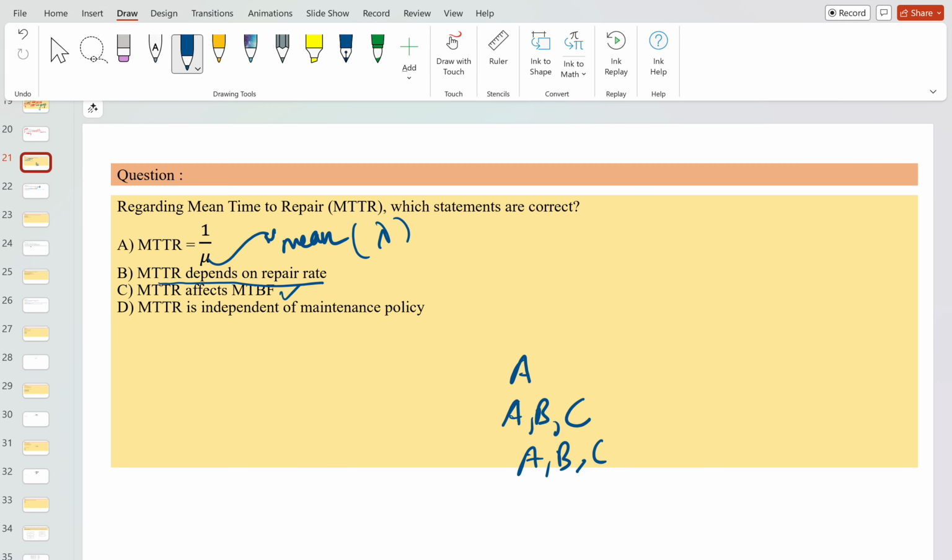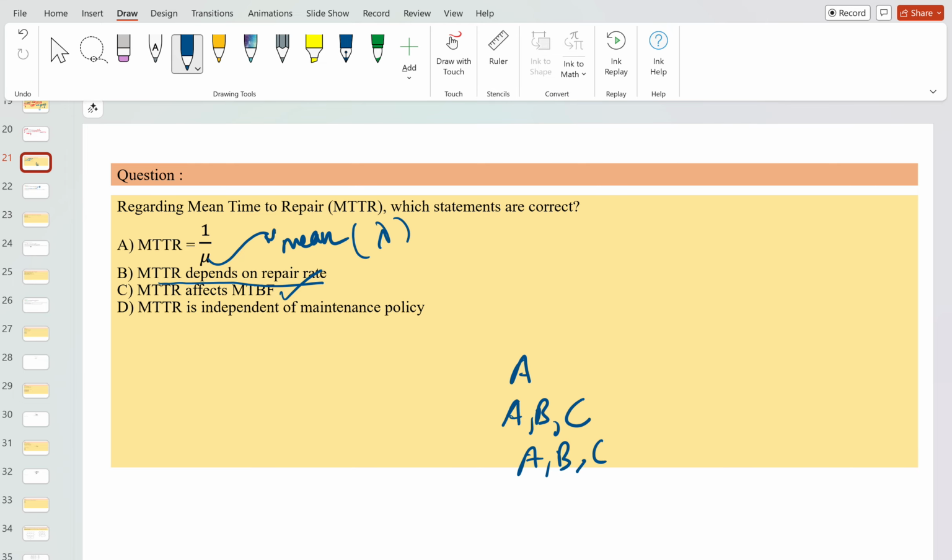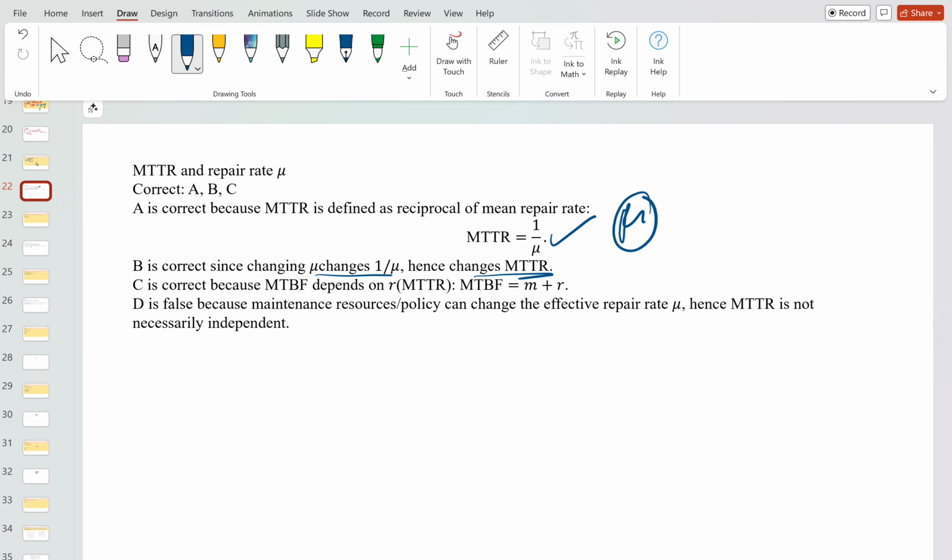Option C, MTTR affects MTBF, is true because we have already seen MTBF is equal to MTTR plus MTTF. Option D, MTTR is independent of maintenance policy, is false. It depends upon the maintenance policy: how you are going to repair that system, how effectively, after how much time. So maintenance policy is an important criterion for MTBF, MTTF and MTTR. So option D is incorrect.